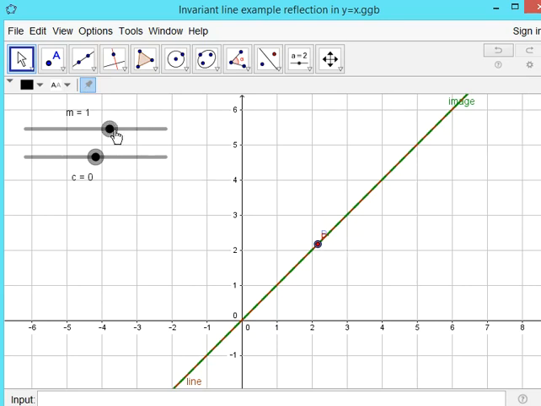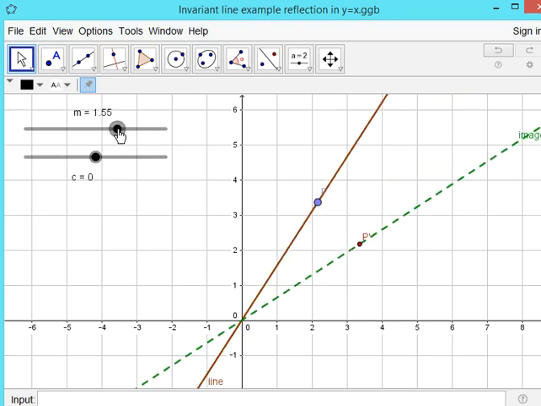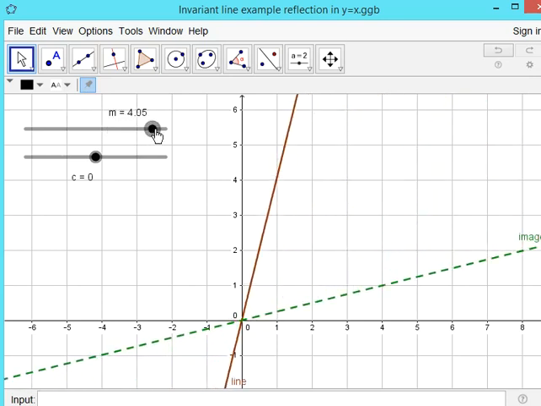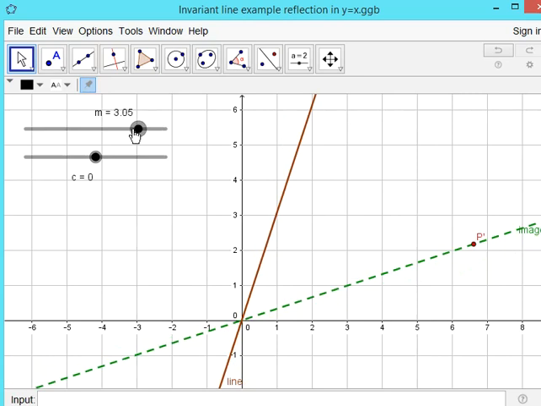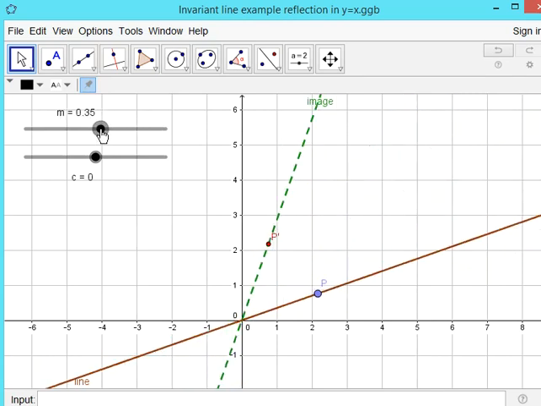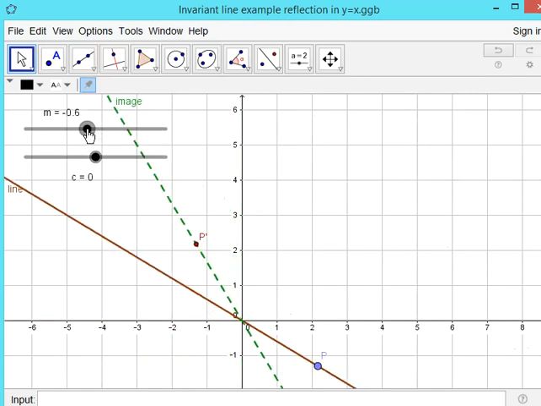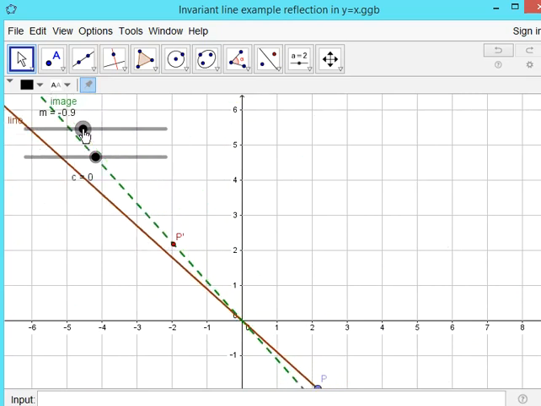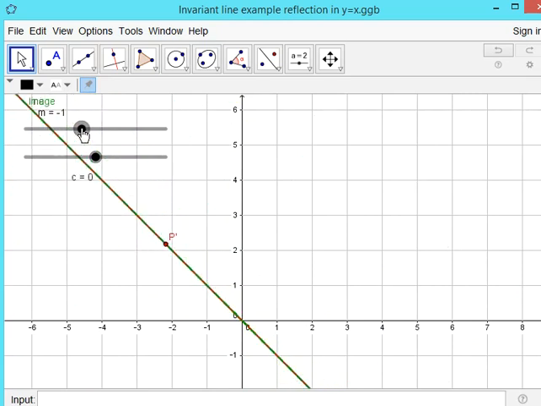Let's have a look and play around with m and see if there are any other lines in the scale we've got here where we think, oh, actually that might be another invariant line. So let's have a look. m equals -1 is as well. Alright, so that would be the line y equals -x.